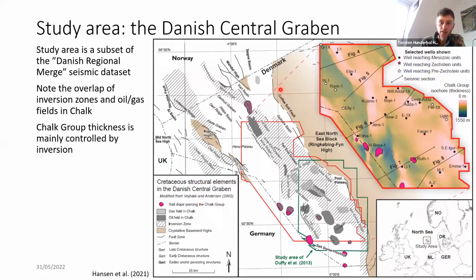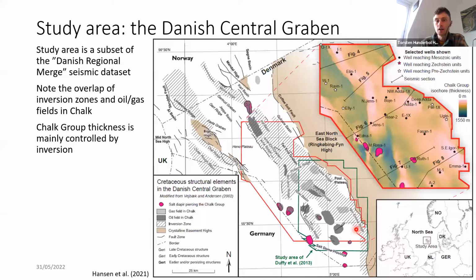The biggest structure here is the master rift fault that goes all the way down through the Danish sector, with the crystalline basement on its northeastern side, the Ringkøbing-Fyn High, and to the southwest, the rift basin complex. And in these hatched areas, you see the extent of late Cretaceous and Paleogene basin inversion in this area.